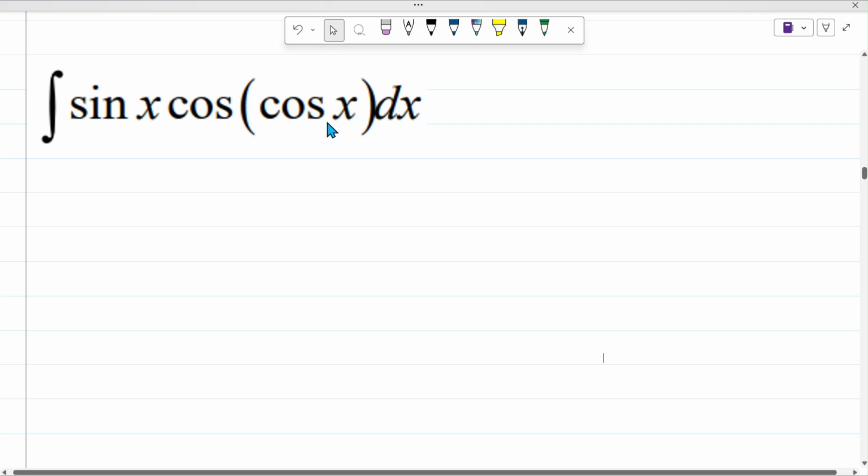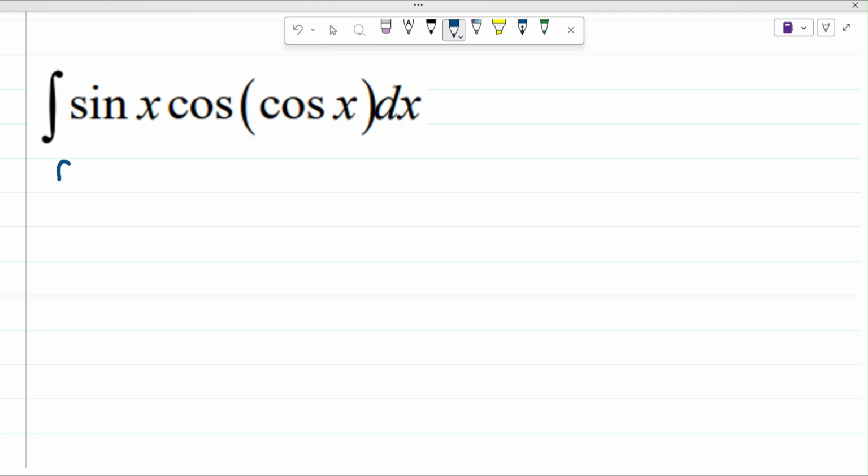It's negative sine of x, right? And here we have positive sine of x. So we need to make sure that we've got the derivative of the argument there. The argument is cos of x, and the derivative of it has to be negative sine of x. So we need to rewrite this nicely into the following format.